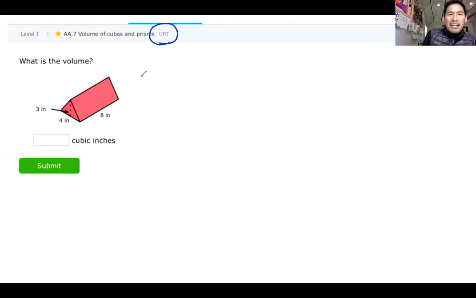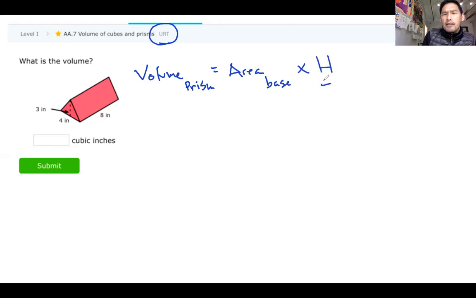So the volume of any prism, volume of a prism, I'll use the little subscript there, equals the area of its base times its height. And I'm going to use the big H here. This is a capital H. That's going to be important in a second.